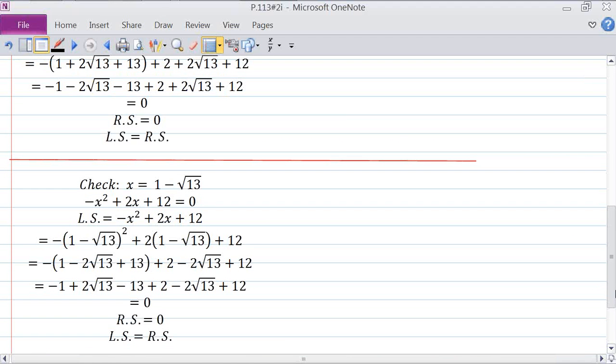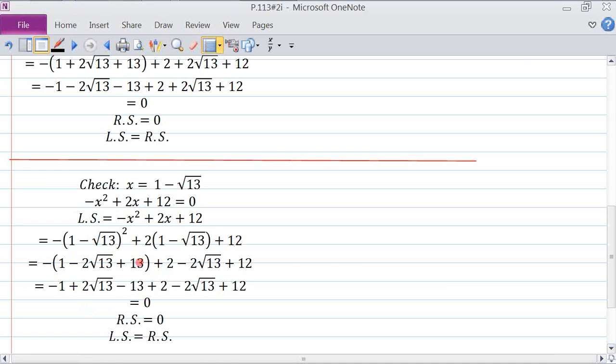The other solution is 1 minus root 13. So I put this into this equation. Here's the left side of the equation. I get minus 1 minus root 13 squared plus 2x. Replace that by 1 minus root 13 plus 12. Here I work this out. First times first gives me this.